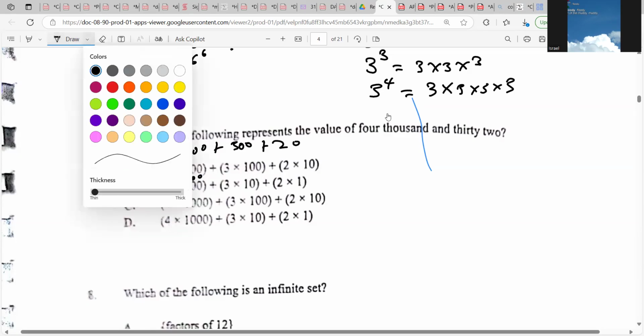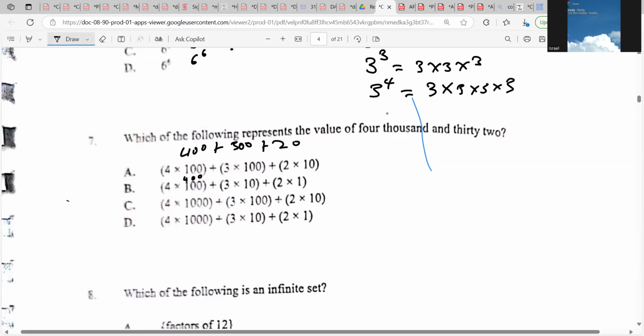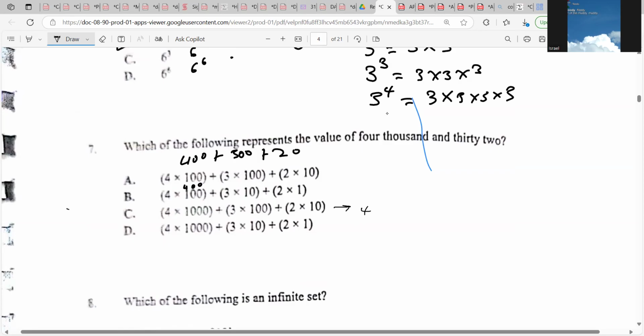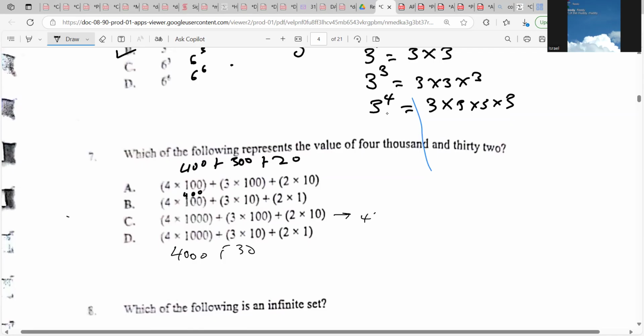It can be C but it cannot be, because it asks for 4,032 and there's 20, so it cannot be C, and the answer is D because it has 4,000, 3 times 10 and 2 times 1, so the answer is D as in dog.